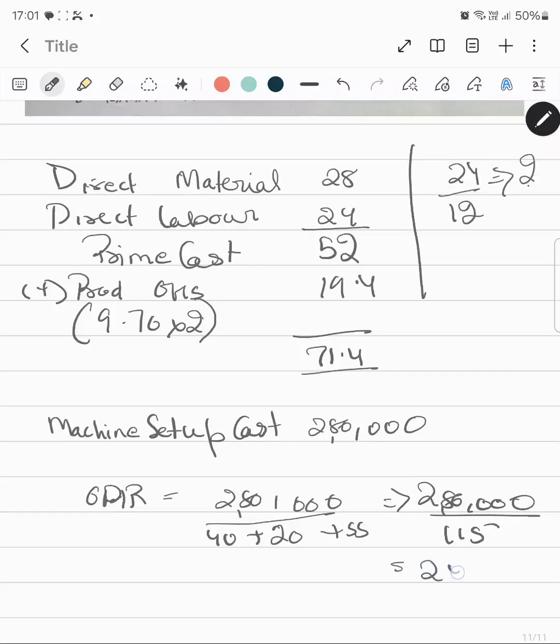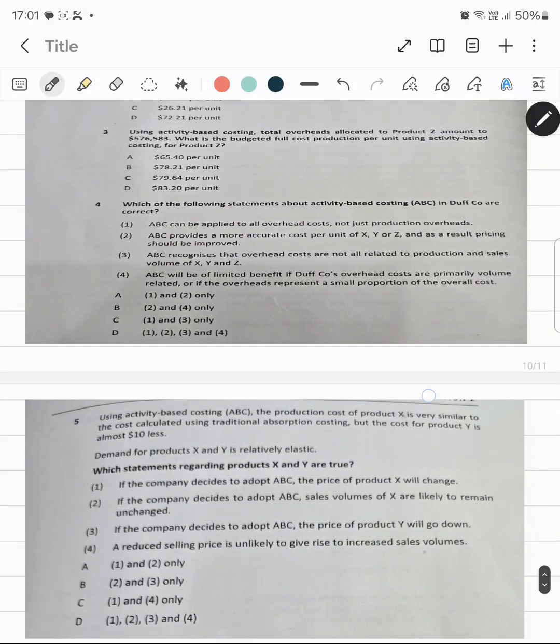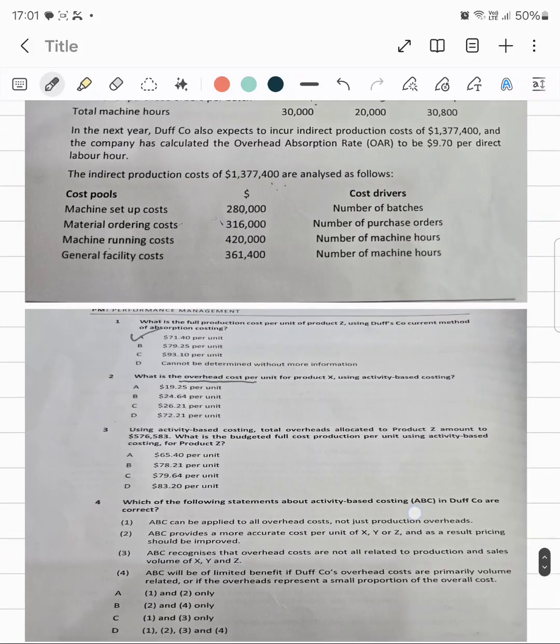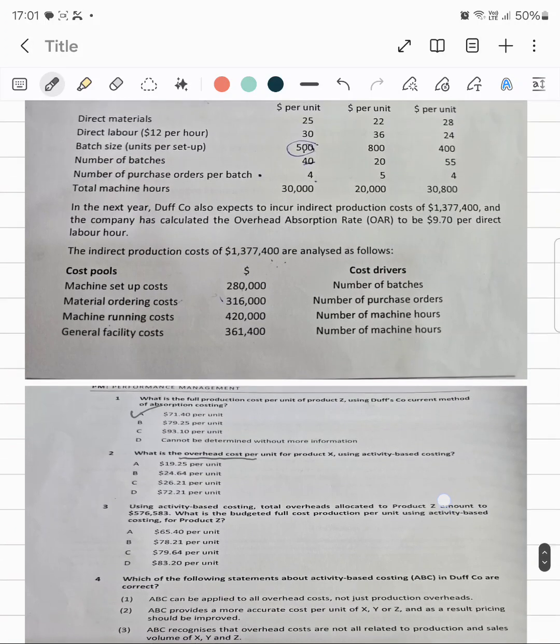This is 2.435. Okay, now it is asking me per unit, but this is per batch, number of batch.